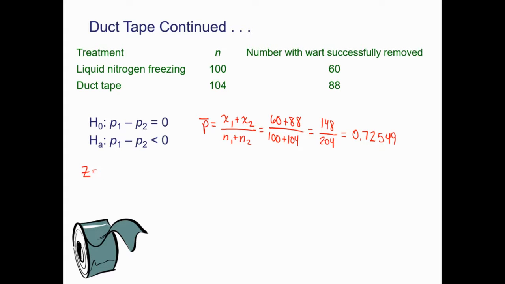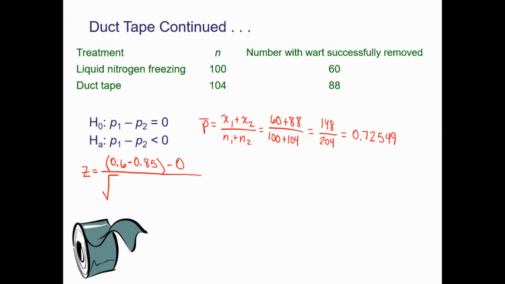So Z equals, well, we're going to need P1 hat minus P2 hat. So 0.6 minus, we said earlier it was 0.85, minus 0, over.